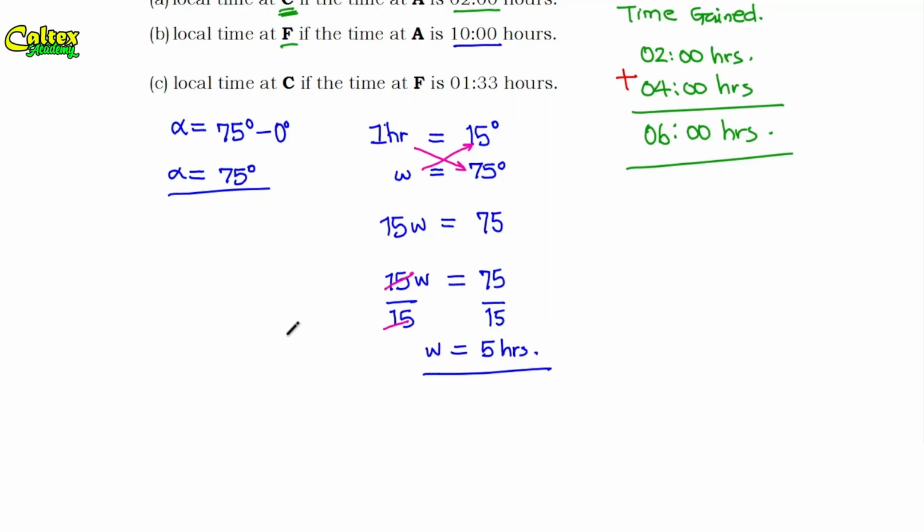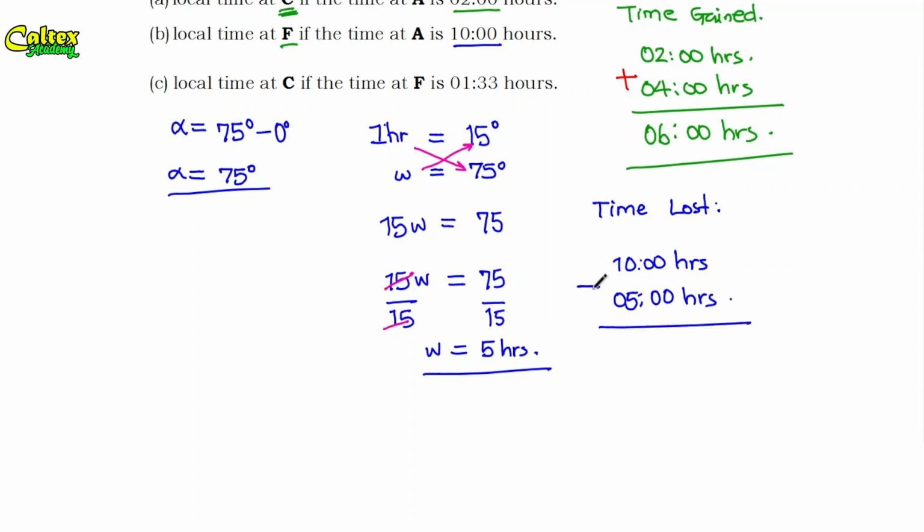Now, the last thing we have to do here is to get the time of F, given the time at A, 10 hours. By doing so, we have to subtract away from time loss. So time loss will be 10 hours minus 5 hours. Of course, we have to also put double figures here because that is how the 24-hour system works.